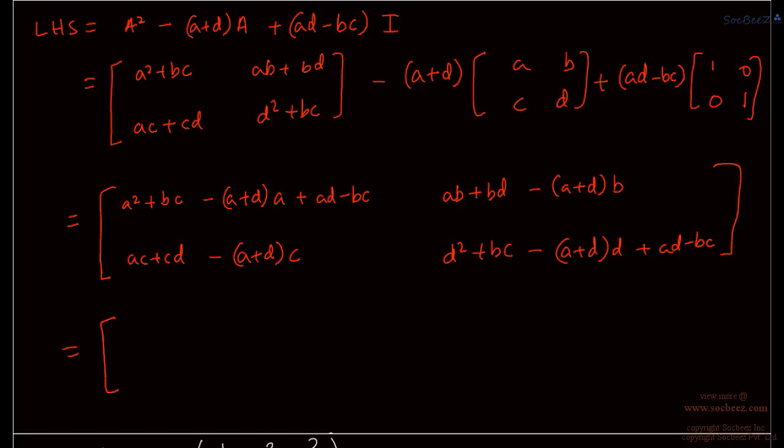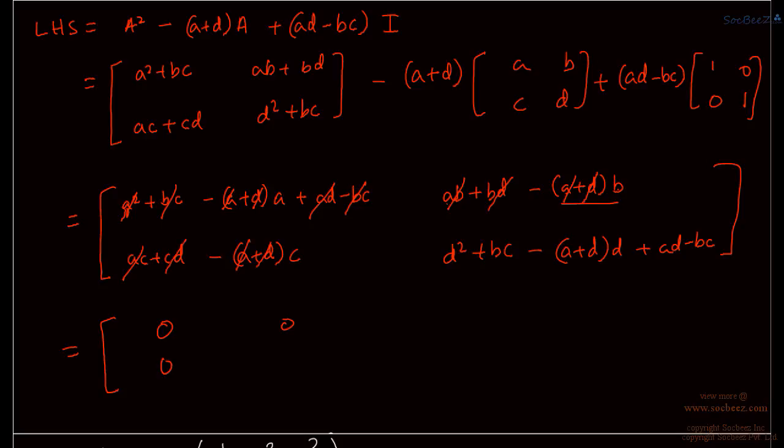Now, if you try expanding, this is a², and then we have minus a into a, so this a² and this a² cancel. Then I have bc here, minus bc here. I have minus ad here, and this is plus ad, right? So 0. Similarly, ab: expand this and you have a into b, so this cancels. Then you have bd, and this also cancels. Similarly, ac, cd, cd cancels.